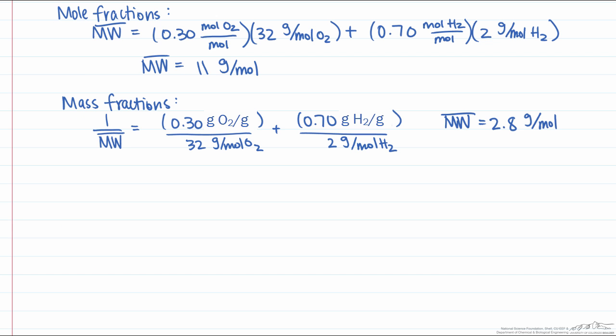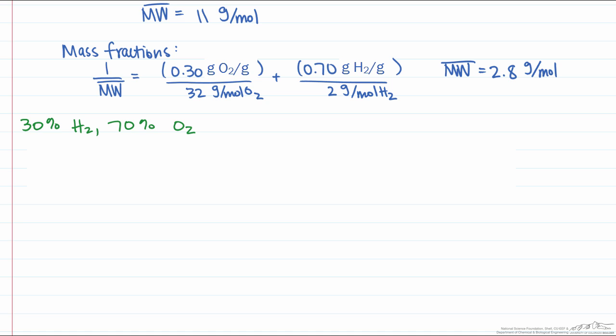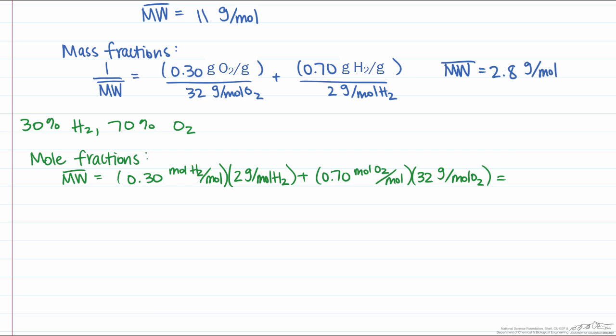So let's see what happens when we switch these. So now we're going to have 30% hydrogen and 70% O2. And so if we do it using mole fractions, hopefully you would expect this number to be higher than our first one because now we have 70% of the component that has the higher molar mass.